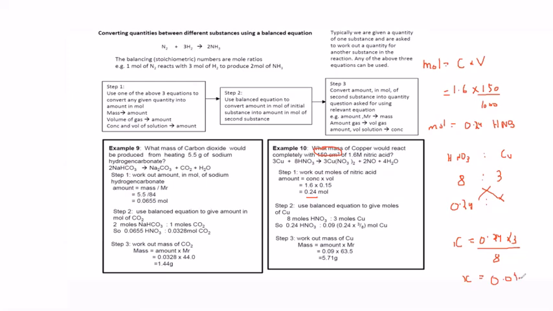And after getting the moles, the main question is find the mass. So moles multiplied by the atomic mass of copper: 0.09 multiplied by 63.5, we get 5.71 grams. Is it clear? Any doubt in this?